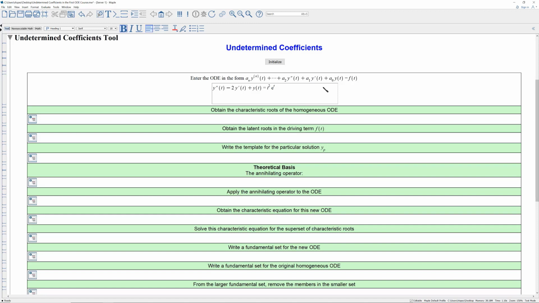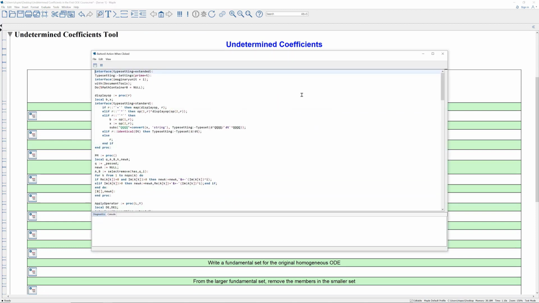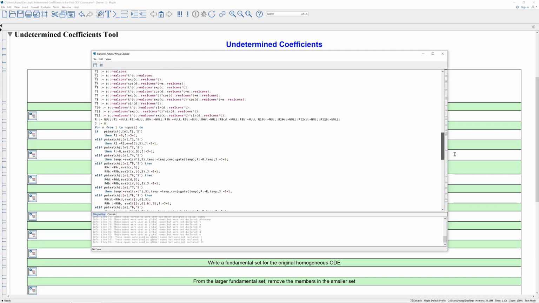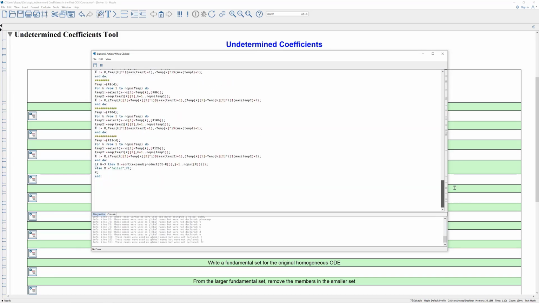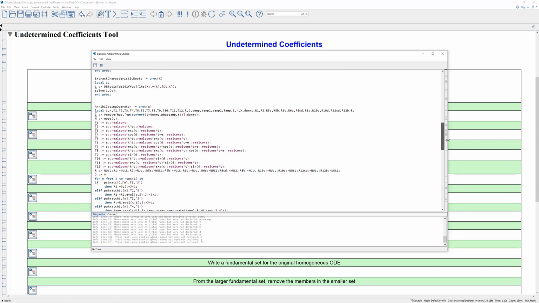Now, I've got a differential equation that's non-homogeneous, constant coefficient. I happen to pick this one. Now, behind this initialize button is a bunch of code. So I have a bunch of procedures that get called in those steps below.